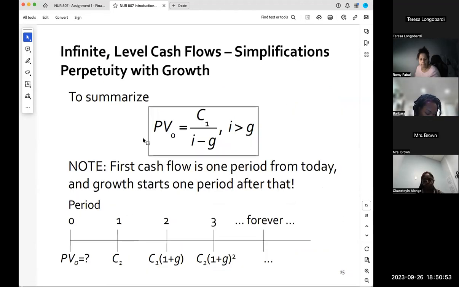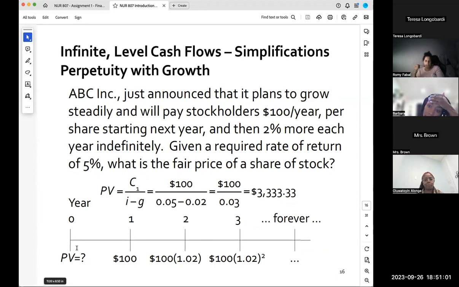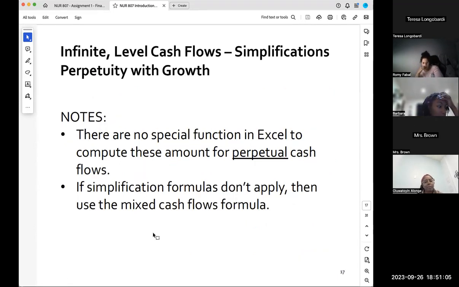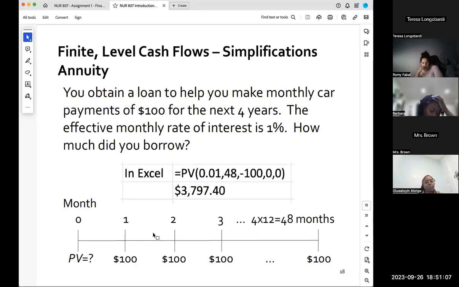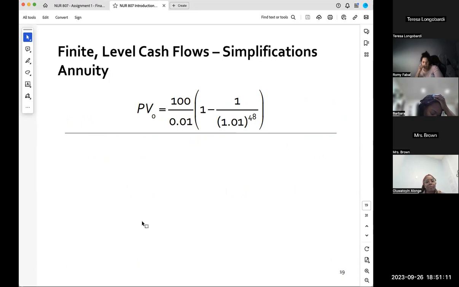And I said to you, if you need to do anything different than this timeline, you can't use these formulas. You have to adjust your perspective to the formulas because you can't use them otherwise. Everything you see is one period away.